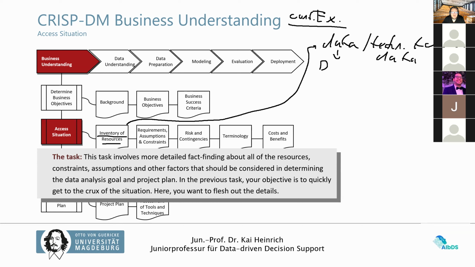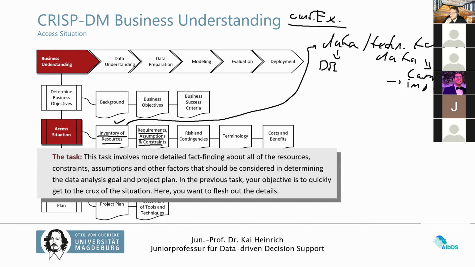So this is the database they have, and more interesting here, the camera they just installed, right? Camera, so we get image data. All right, so then requirements, assumptions, and constraints.